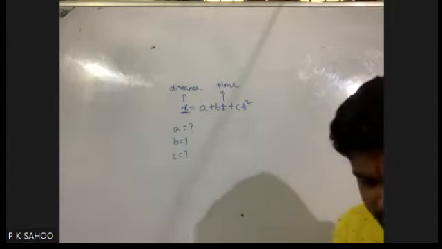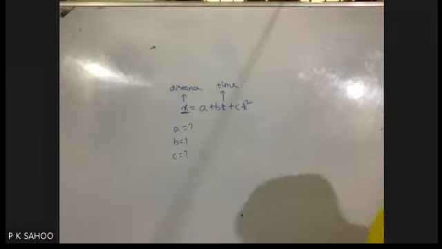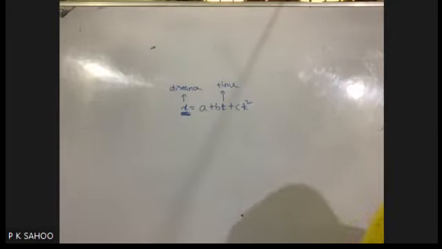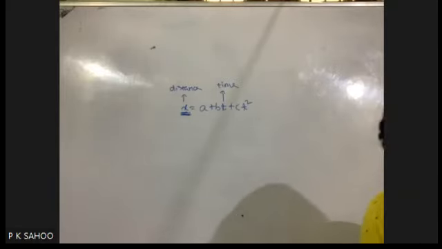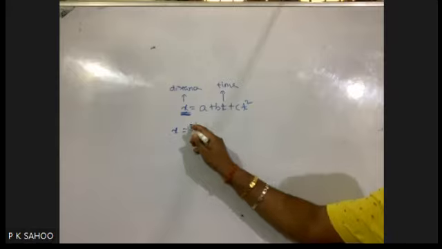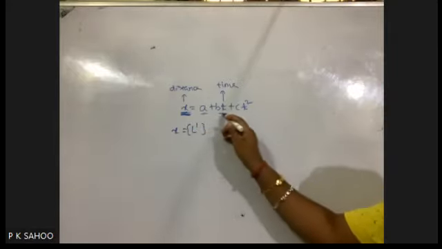So I hope all of you completed the answer to this question. Those who have completed, you check now whether you have done it correctly or not. The dimensions of A, B, C are asked here. X dimension you know, because x is distance. So x is equal to L^1. If x is L^1, then you can find the other dimensions easily.